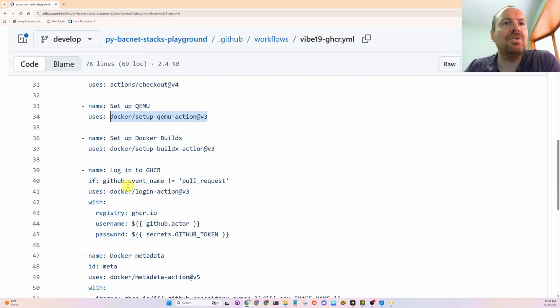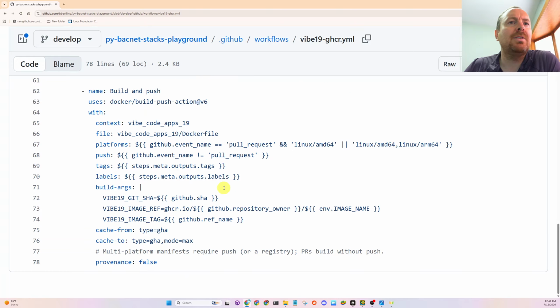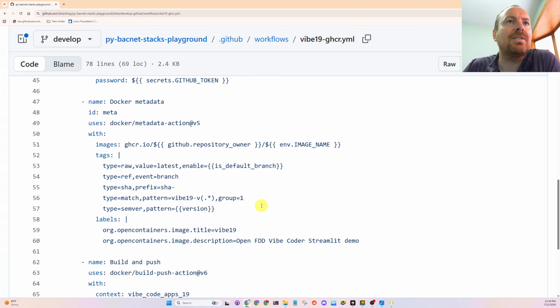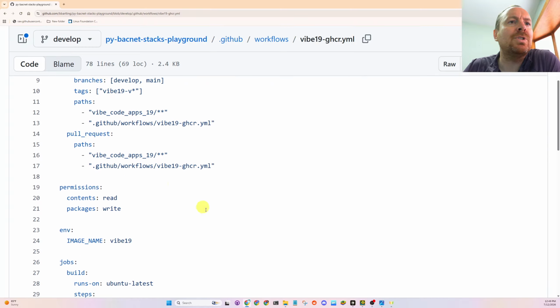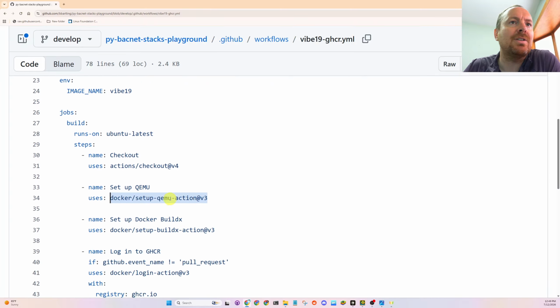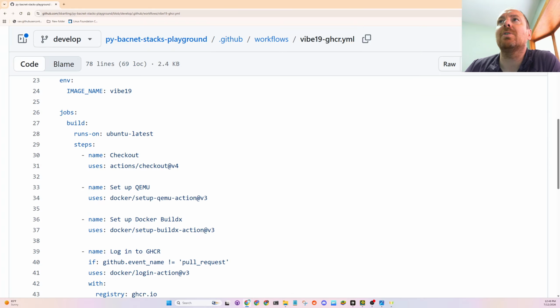So this is how I can spin up without having a Raspberry Pi, I can push a Raspberry Pi image, ARM 64, and then also do x86 all up on GitHub Actions, and you can pull the Docker image down. Which is all possible through this GitHub Actions here in QEMU. It's kind of a cool program.